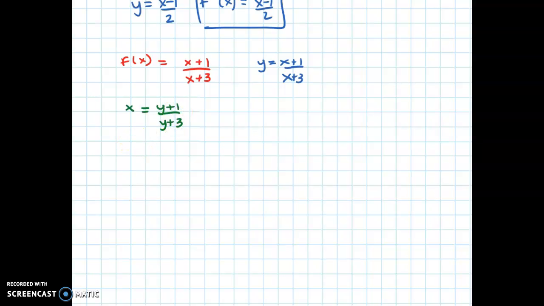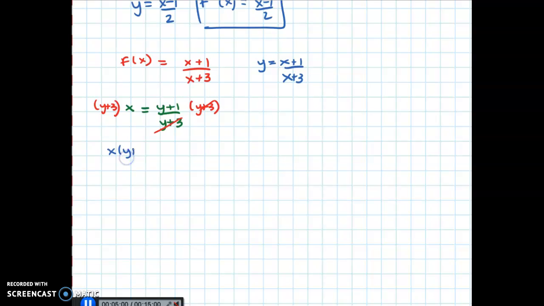And now comes some creative algebra, because you want to isolate y. And you can isolate y. It's just a little complicated. So first, multiply to get rid of the fraction. So now we have this.